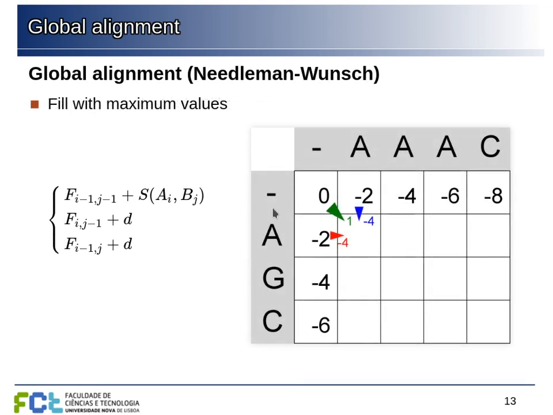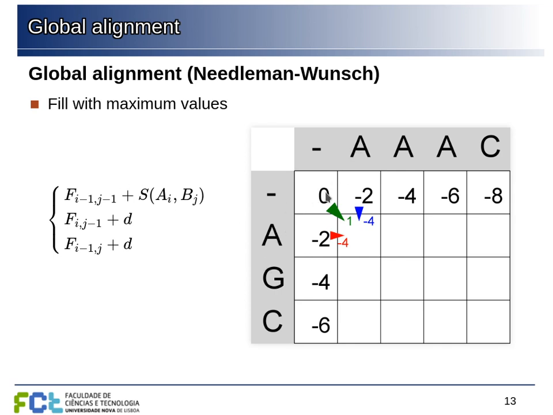And now we can do this for this cell, because we have these 3 scores already previously computed. We have F(i-1, j-1), which is this 0 here. If we are considering the potential match between this A and this A, then the previous score is simply nothing, because this is right at the beginning of the sequences, so it's that 0 there.